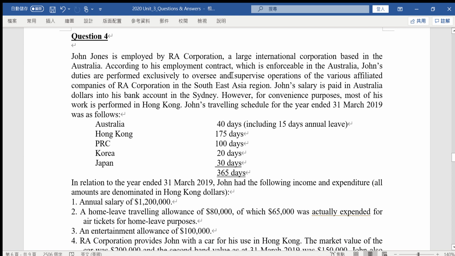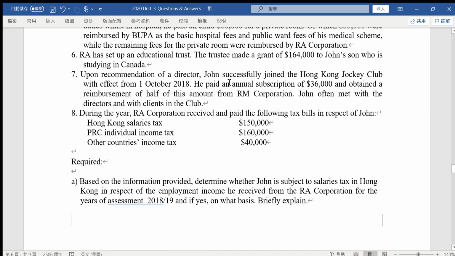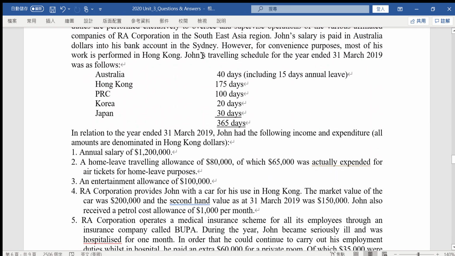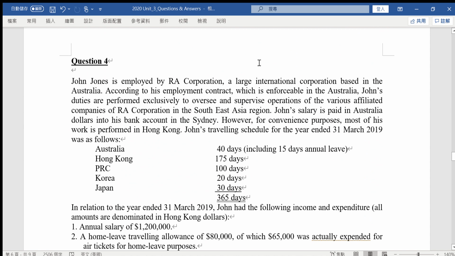But if you look at the question, you will find that it's asking to explain and determine whether John is subject to Hong Kong salary tax. And you also need to discuss all those things that I have already mentioned in question 3.